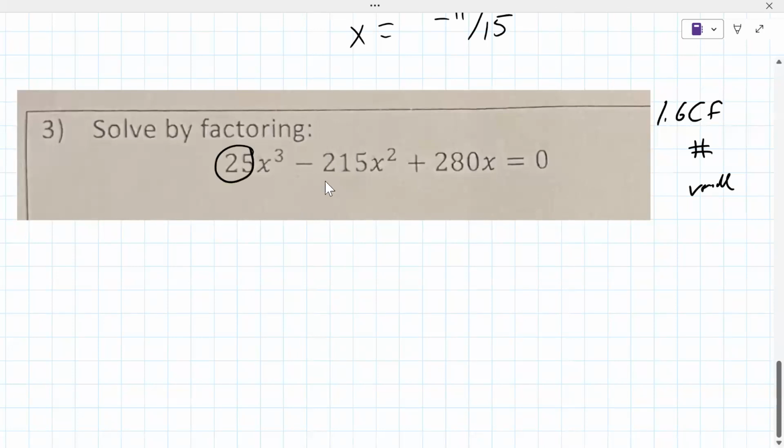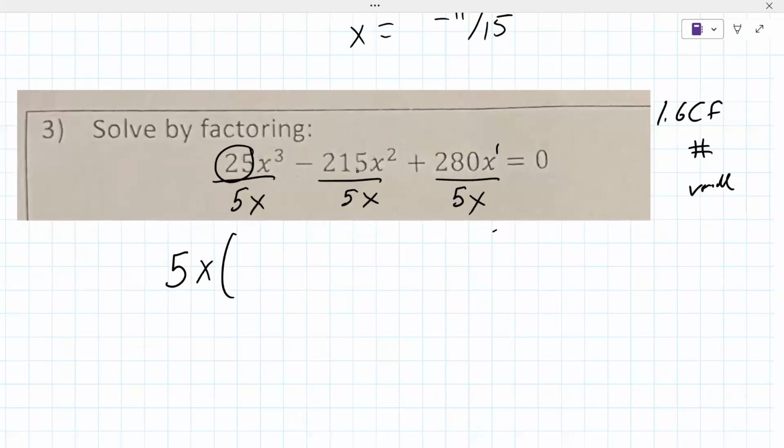No, just think of quarters. So what are the factors of 25? Well, the next one is 5. Does 5 go into everything? Yes. And then you look for the smallest x power. So 5x. So you're dividing each of these by 5x. They call it divide and slide here.